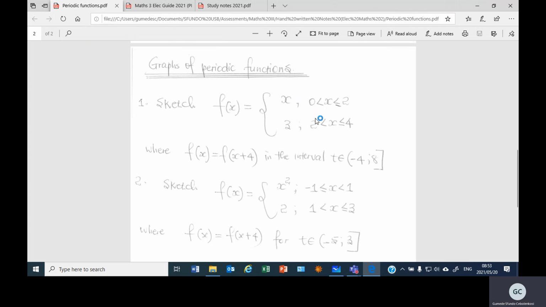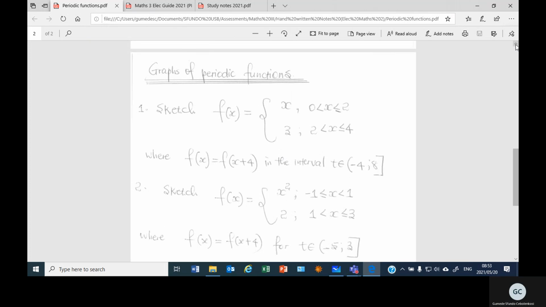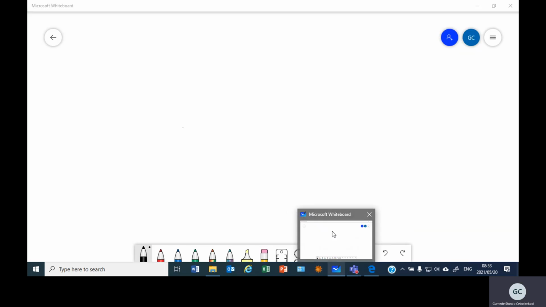So it's a function, and then you are given the period of that function, and you want to sketch it in a prescribed or in a given interval. So I'll try to sketch it here in front of you on this board. So let me write down the definition of this function here.